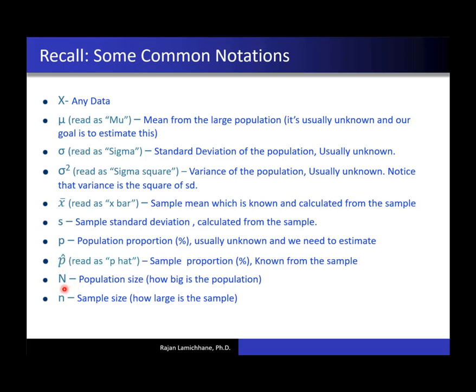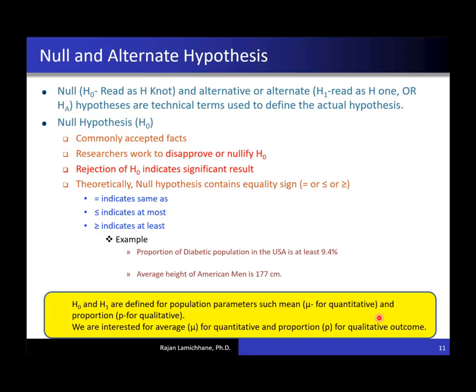Uppercase N indicates the population size and lowercase n indicates the sample size. These are very useful for understanding the technical part of the analysis. Now let's discuss how we can define null and alternate hypotheses.